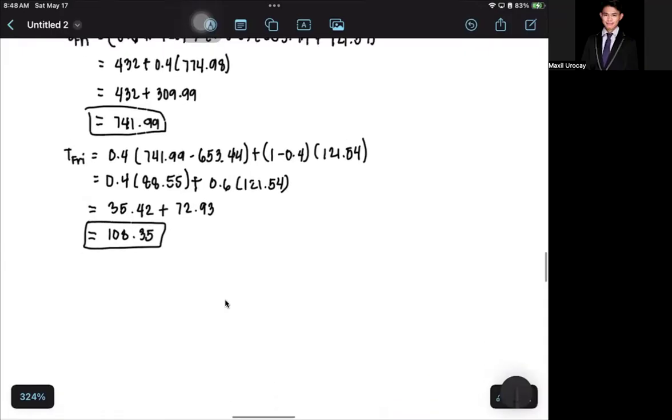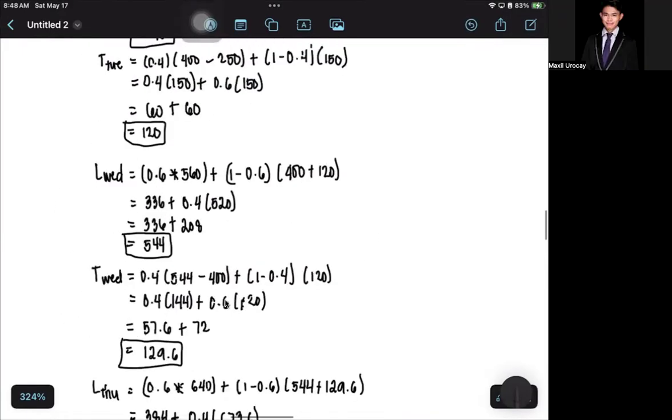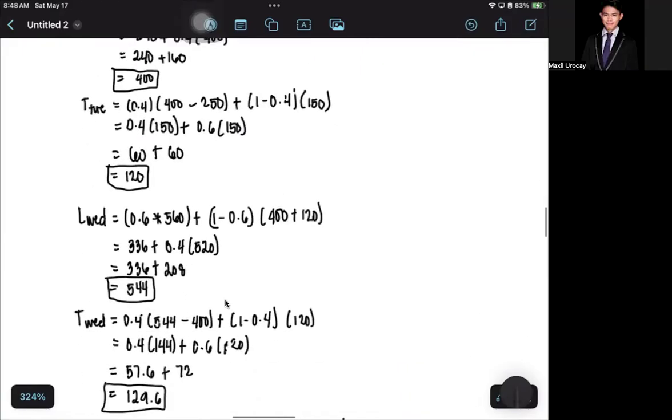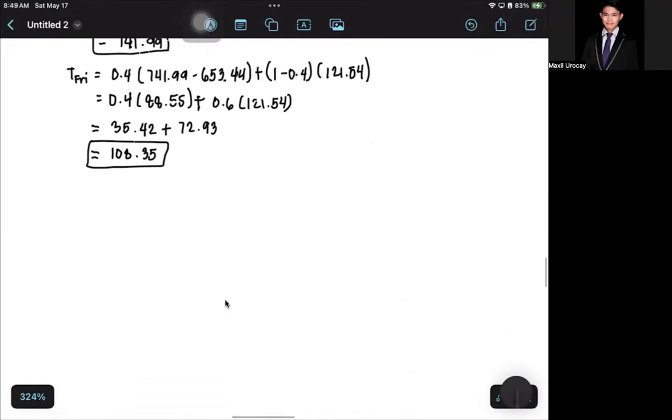So since we're done with smoothing out the data, these are the results for each implementation. Since our goal is to forecast another week, we will begin to forecast already.